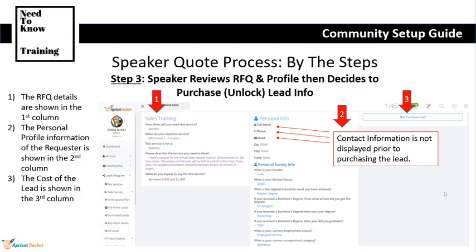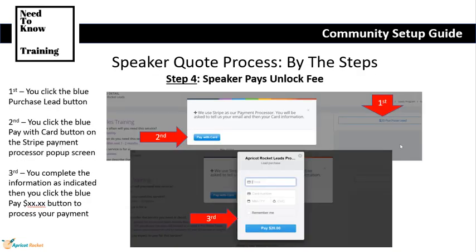Now you review the lead RFQ details, and you review the personal information about the person making the request. And after you've looked at that, if you decide that this represents a reasonable prospect for you, then you go ahead and click on the purchase button. When you do that, you'll get an initial pop-up.